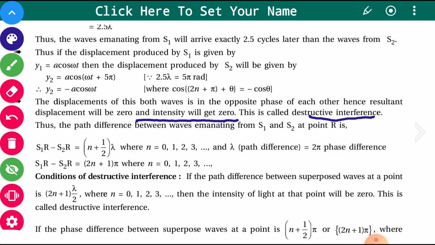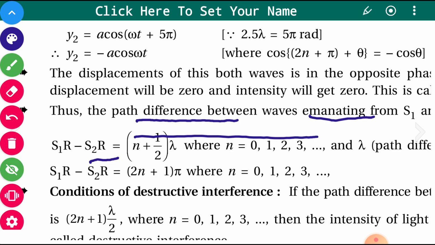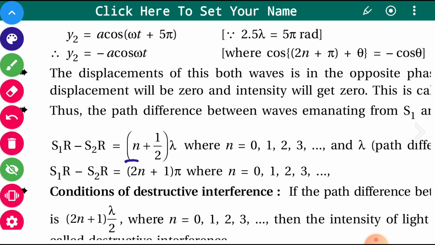Thus the path difference between the waves emerging from S1 and S2 at point R is (n plus 1 by 2) lambda. It is written in general as (n plus 1 by 2) into lambda, where n is 0, 1, 2, 3.